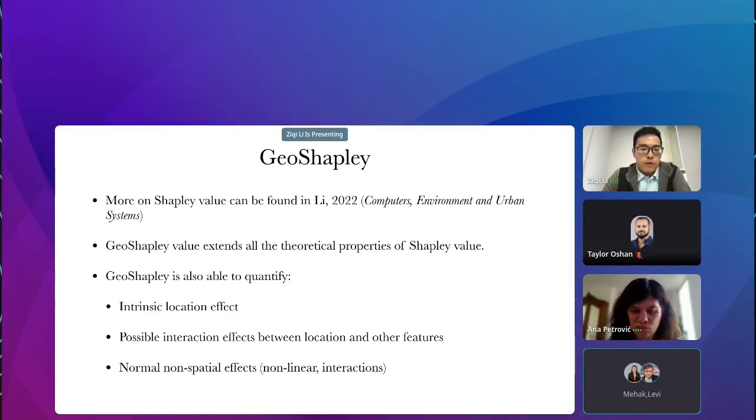So I'm working on a new measure called the Geo-Shapley value. It extends all the theoretical properties from the original Shapley value, but is also able to separate and quantify the different effects that I mentioned in the very first slide: the location effect, location interaction with other covariates, and covariates on their own.